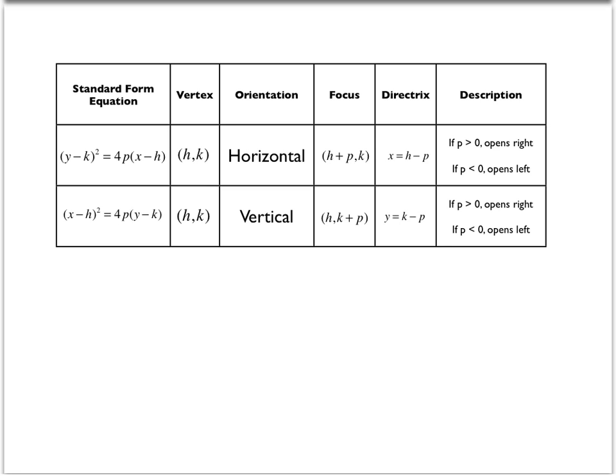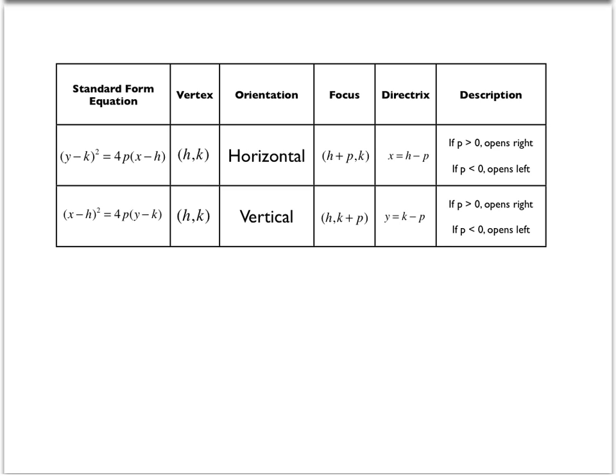Here's a handy chart that you should write down, and I'll give you some time to do it. It shows the two different types of parabolas: the ones that open right and left, and the ones that open up and down. I see a little mistake here, and I'll try to correct that so you can get this right in your notes.